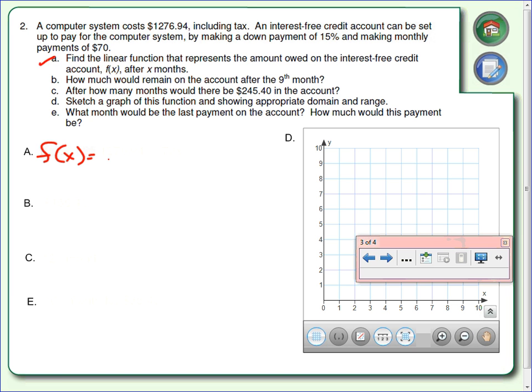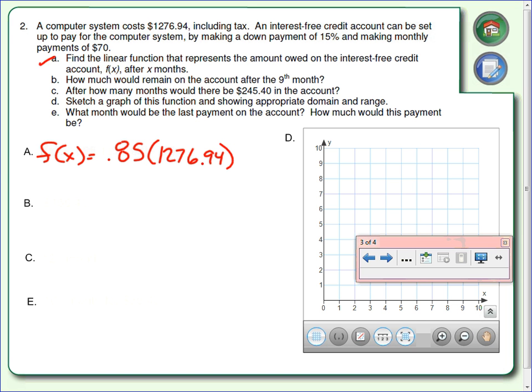So 85% as a decimal would be 0.85. I want you to start there, 0.85. We're going to have to pay 85% of the total cost, because he's already paid 15%. 85% of what, though? 85% of the bill, which was $1,276.94. That's what he has to pay.